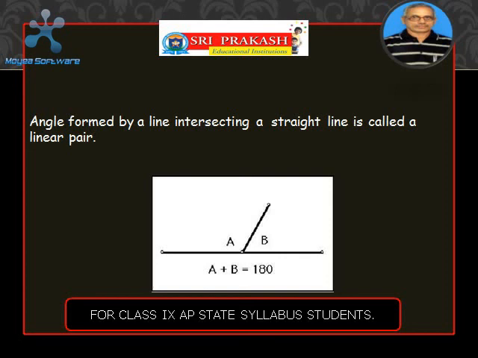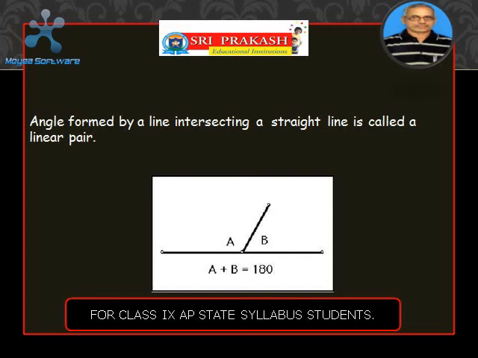They are named. So here 1 and 3 are called vertically opposite angles, and 2 and 4 are called vertically opposite angles. They are colored differently also: 1 and 3 yellow, 2 and 4 red.